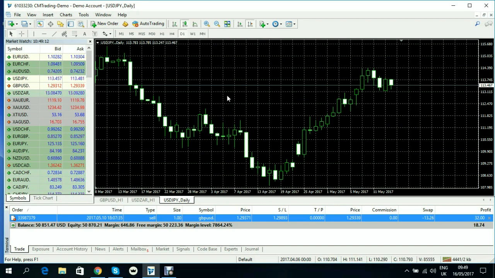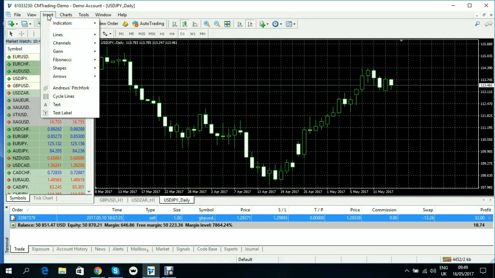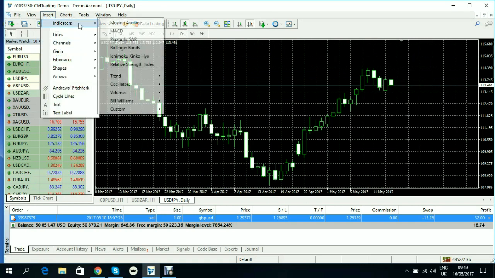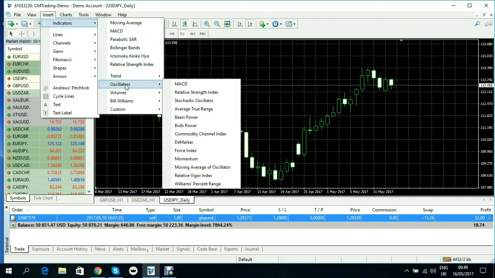So let's first look at how to get the stochastic onto the platform. All indicators are found on this page, insert. So insert, we go to indicators, and stochastic is actually an oscillator.